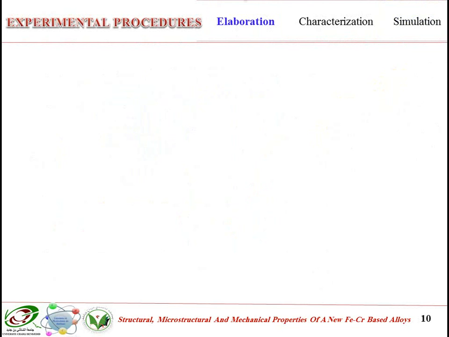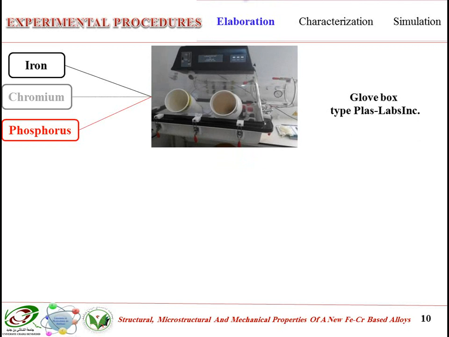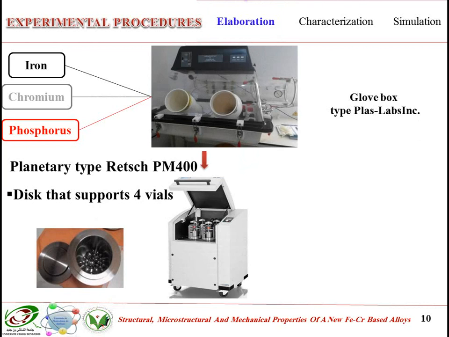The elaboration starts from pure elementary iron, chromium, and red phosphorus. Powders were handled in a glove box under inert atmosphere to avoid oxidation. The 4 vials were placed in a planetary mill, Pulverisette PM 400.